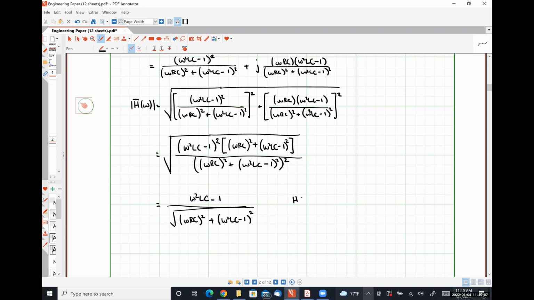Where at 0, so at 0, this is actually going to give us -1, and it's because of the sign convention thing here.